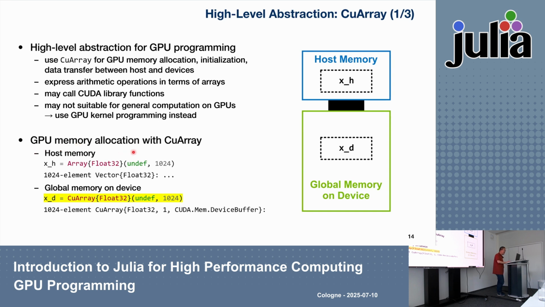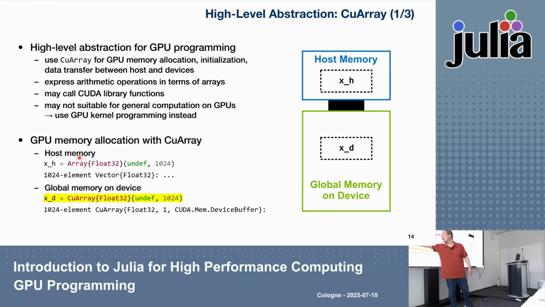Okay, GPU memory allocation, as I mentioned, you can use CuArray. For host memory management, I think you already learned this. For example, I want to have an array of 1,000 elements without any initialization, that is why undefined floating point numbers.